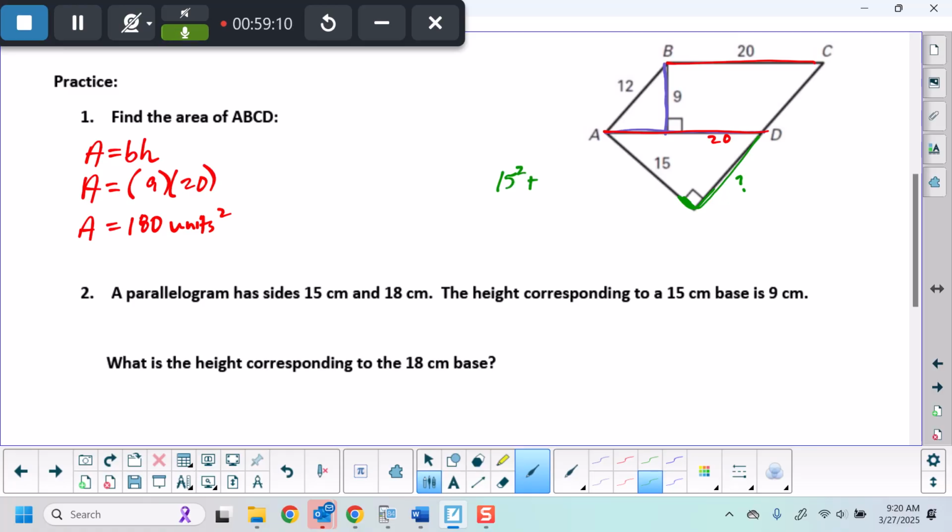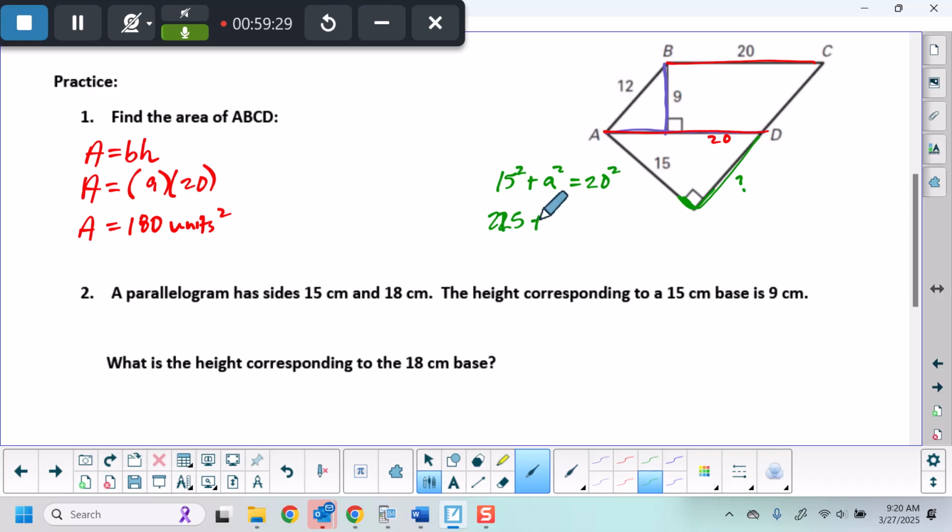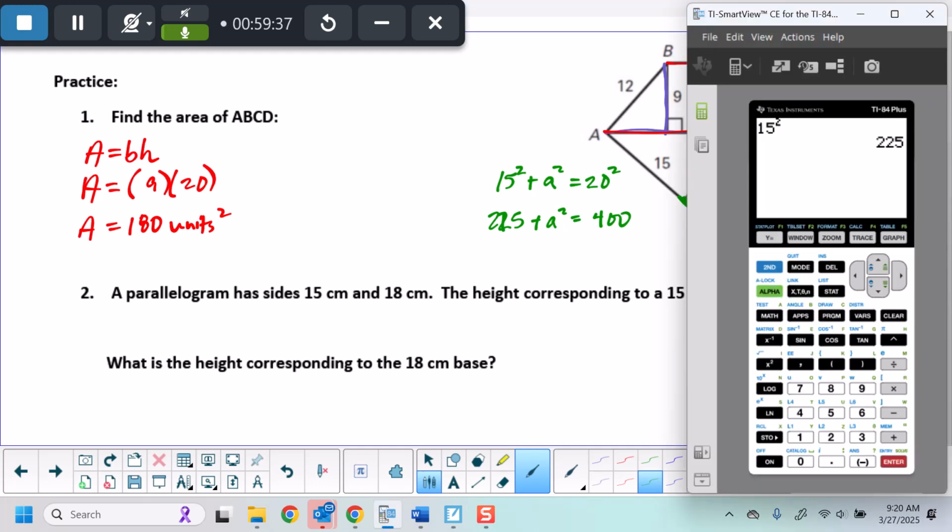15 squared plus my side squared is going to be equal to 20 squared. So what's 15 squared? 225. 225 plus a squared is equal to 400. Just checking, 20 squared, yep, minus 225, 175.